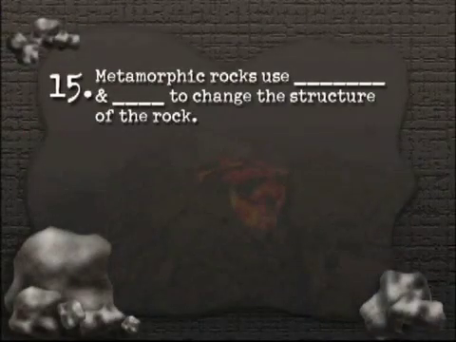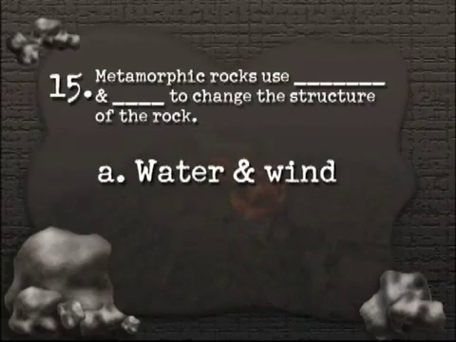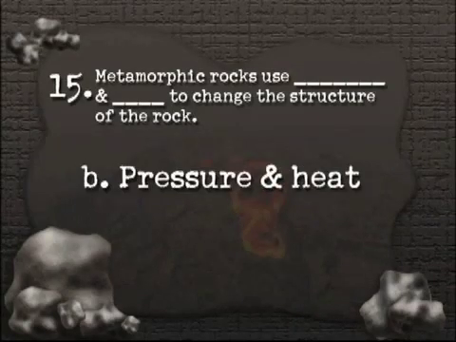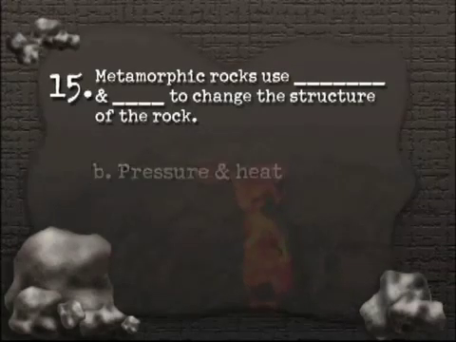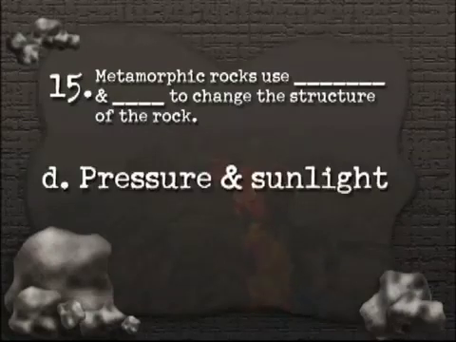Question 15. Metamorphic rocks use blank and blank to change the structure of the rock. A. Water and wind. B. Pressure and heat. C. Heat and natural cement. Or D. Pressure and sunlight.